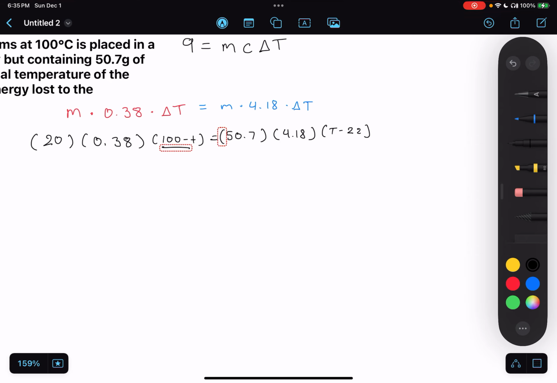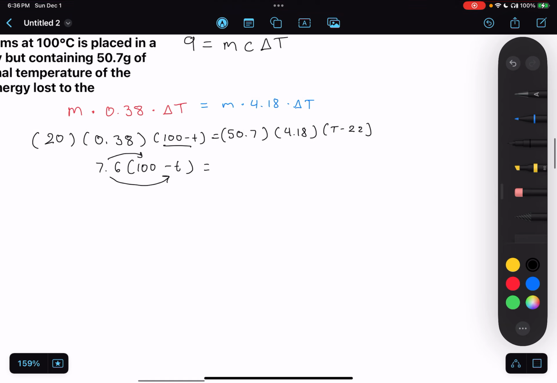Okay, so now we just got to multiply these little things out. 20 times 0.38 gives us 7.6 times 100 minus T. But then we can do a little distribution. This one is going to be 50.7 times 4.18.